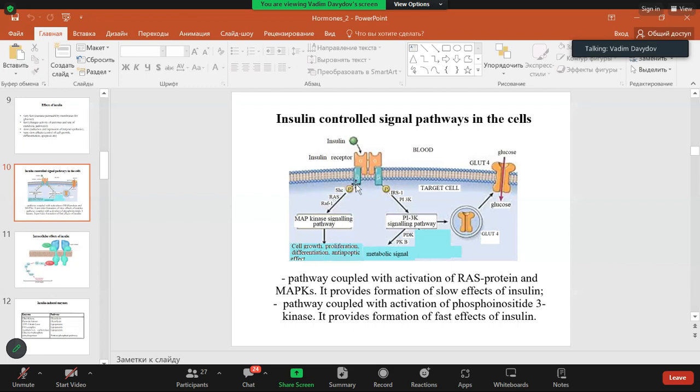This signal transduction pathway takes part in the control of cell growth, proliferation, apoptosis, and so forth.